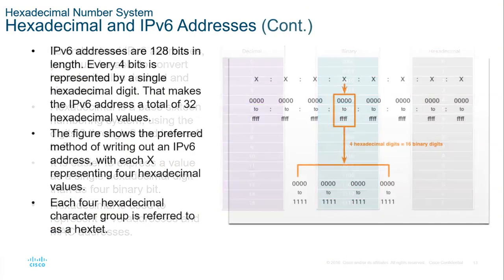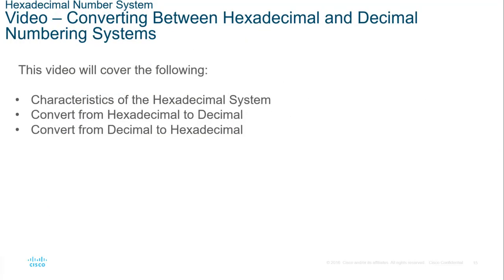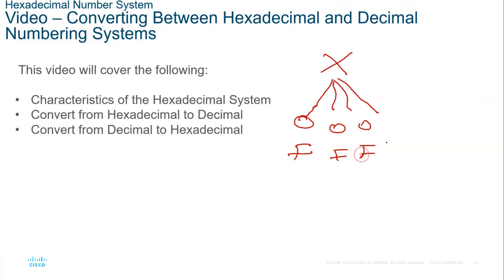So now here is the hierarchy. The X here represents 4 hexadecimal values, and those 4 hexadecimal values range from 0 up to F, 0 up to F, 0 up to F, 0 up to F. And then each F must have 4 binary bits.